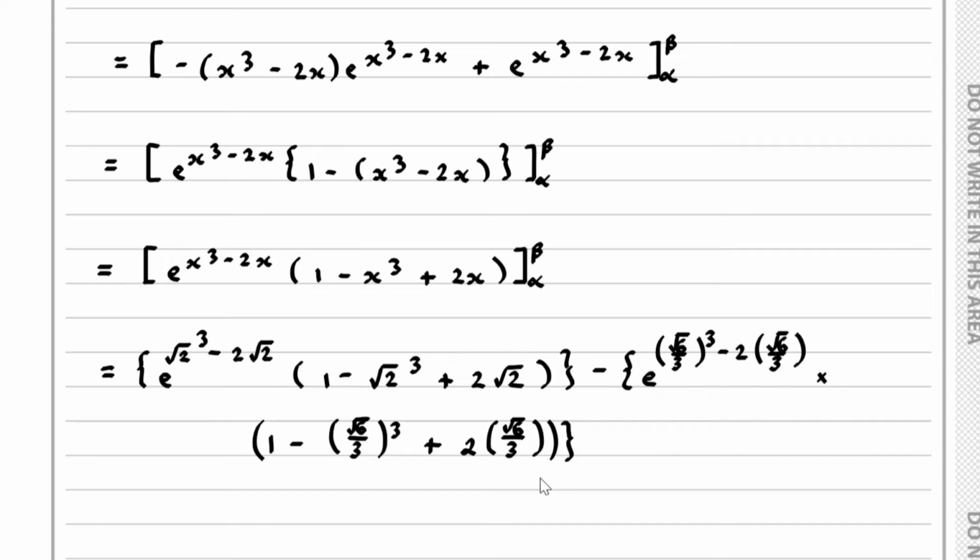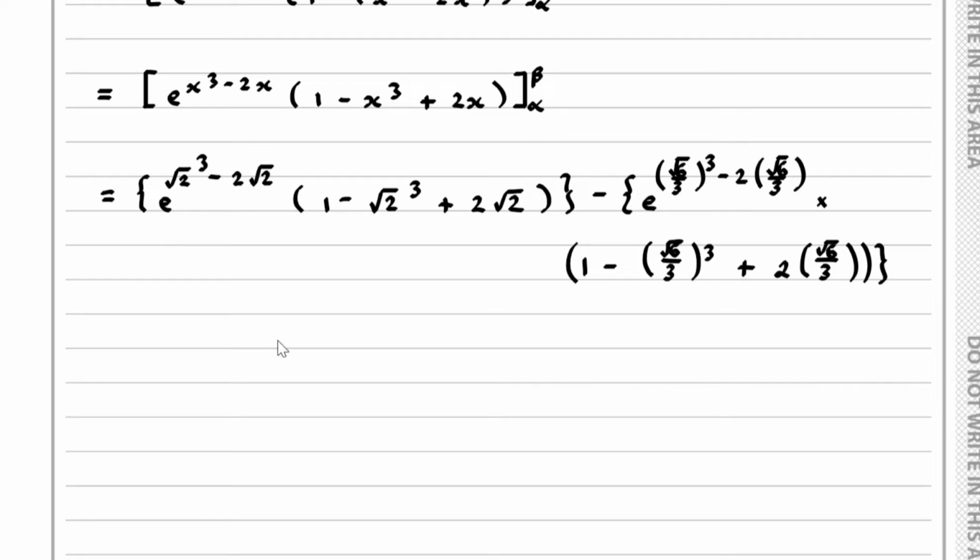So now we need to simplify all this. So here, for our upper limit, we have e to the power of, now here root 2 all cubed, that's just going to be 2 root 2, and then we subtract 2 root 2, and then we multiply this by 1 minus 2 root 2 plus 2 root 2.